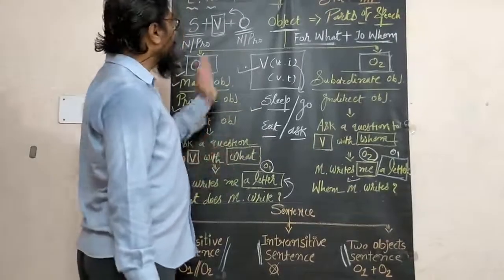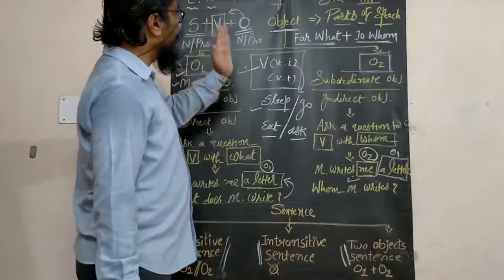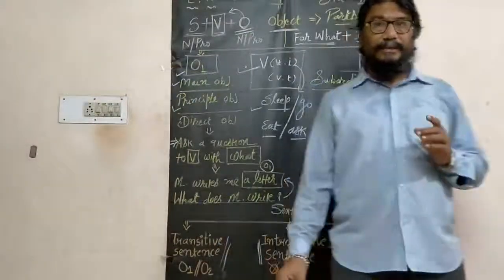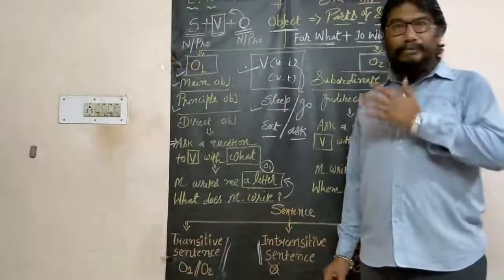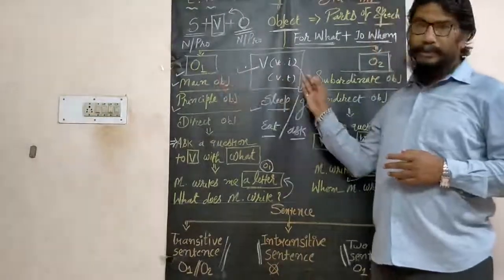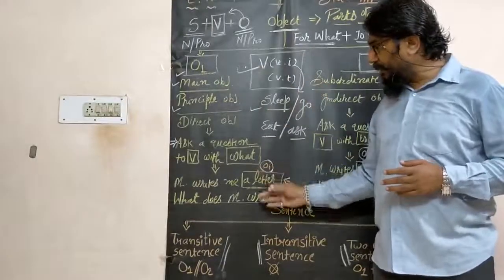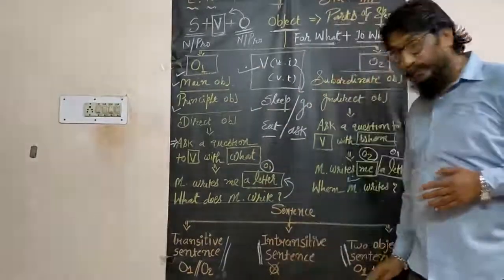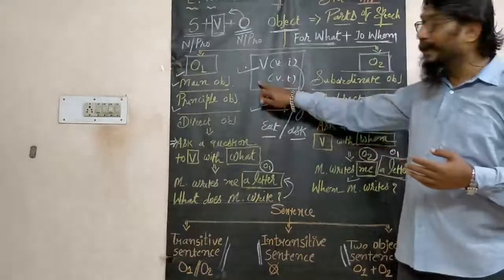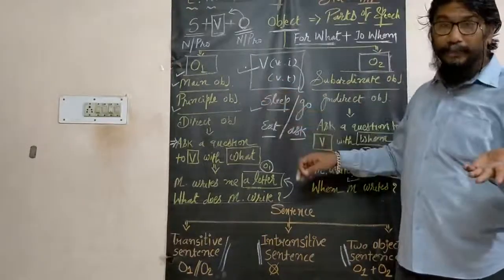In this way we have completed the idea about objects. With this, you will come to know principal object, subordinate object. Based on this, you will get the idea about types of sentences, and based on that, the types of verbs even.